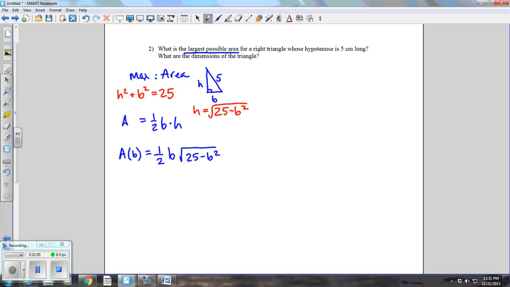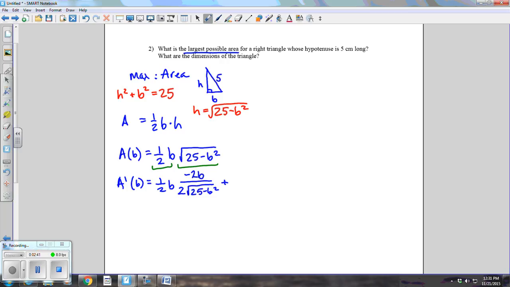In one of our classes, we tried to simplify this. In the other one, we just took a straight derivative, which is what I'm going to do here. So taking the derivative of area, it looks like a product rule where I have two different parts of the product. So our derivative is 1/2 b times the derivative of the square root, which is 1/2 over the square root of 25 minus b squared, and the chain rule times the derivative of the inside, which is just -2b.